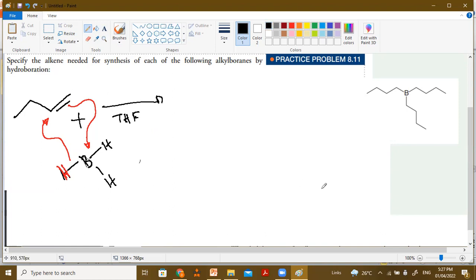So you get your boron with hydrogen, hydrogen, and of course you have your carbons 1, 2, 3, 4. The other one should be on the same side.